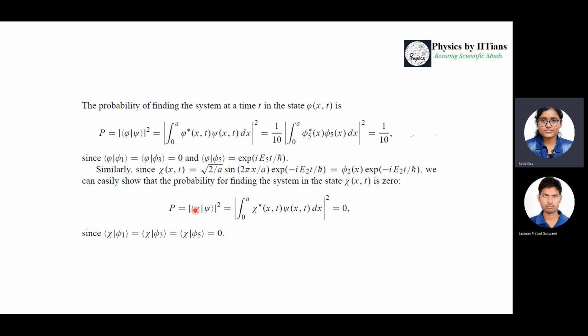What is your operation? Which state is important? You always do it in bra-ket notation, and the ket will be the whole wave function. You solve it and you get the integration value to be 0.